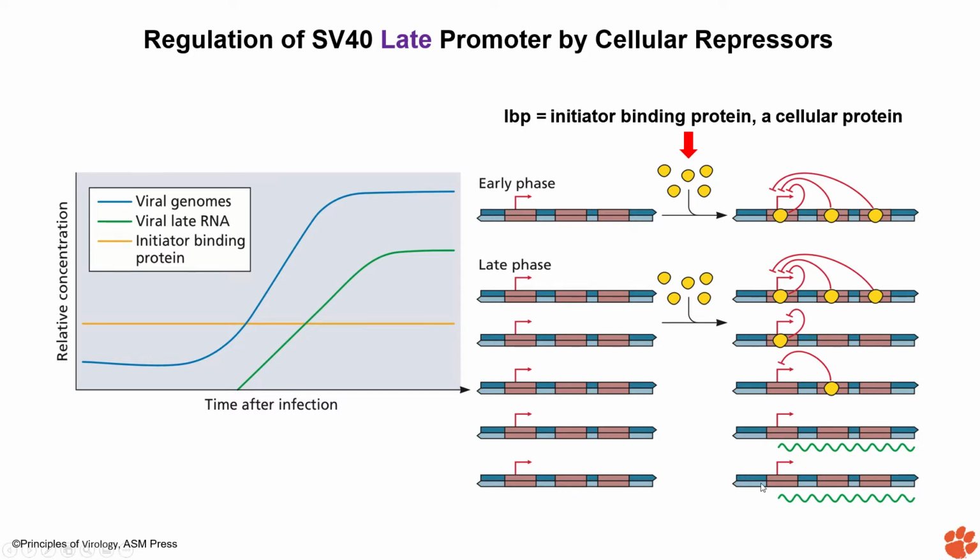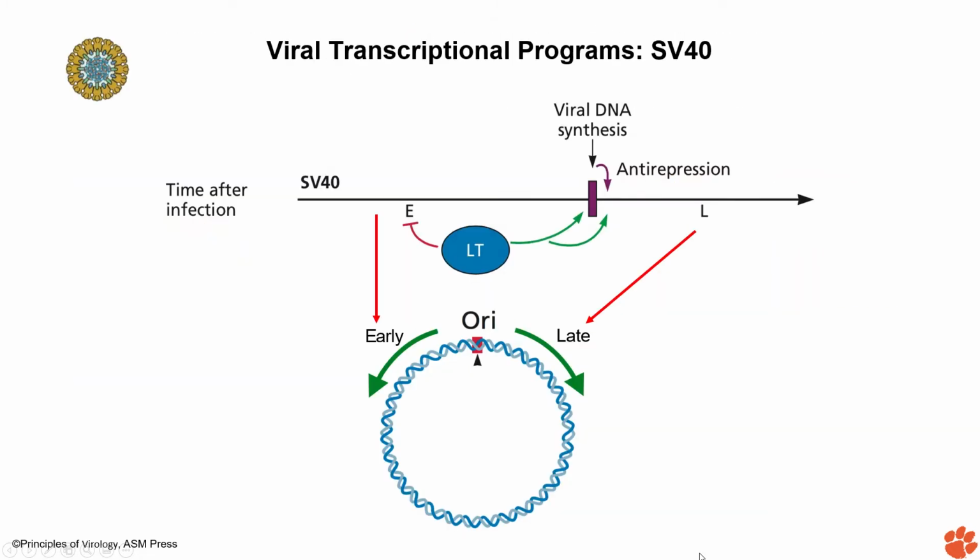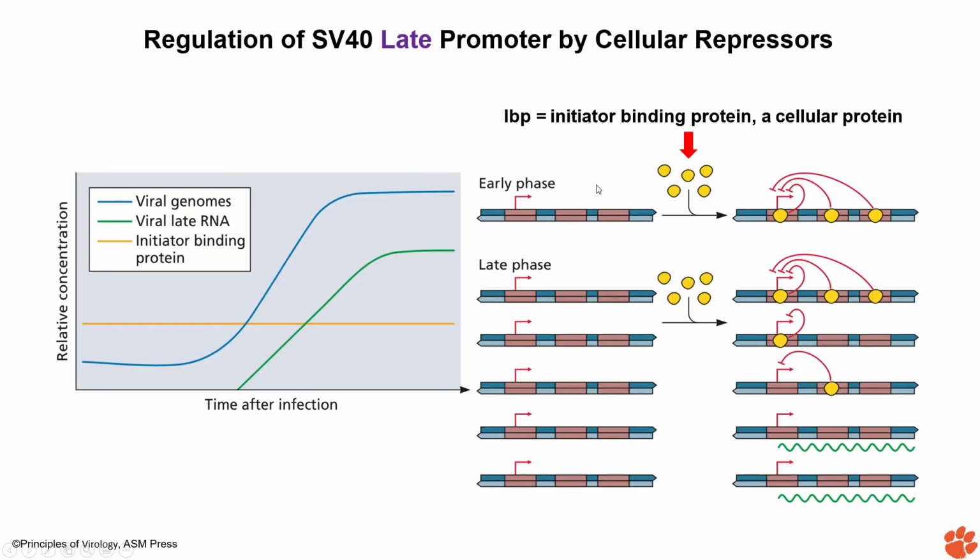And see what is happening: after the initial expression of this LT, it increases the viral DNA synthesis. So the viral DNA increases. Here, this is the initial amount of DNA that is delivered into the cell. Everywhere, the repressor is binding, and it is not allowing the late genes to express.